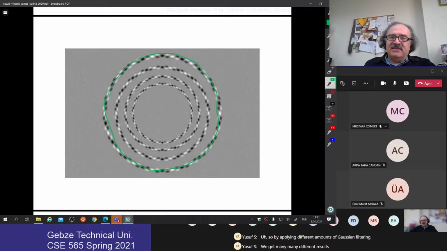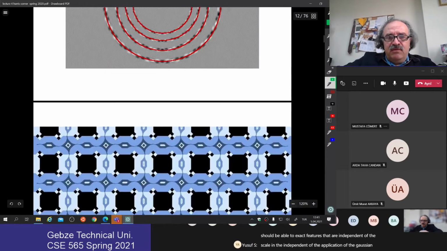This is fine for some cases, but for many cases, we should be able to extract features that are independent of the scale, independent of the application of the Gaussian. That's what we are going to do today.